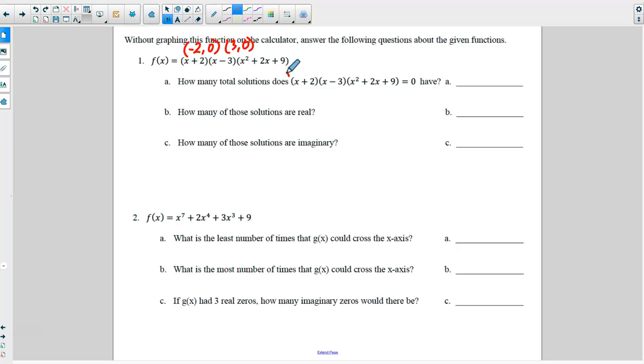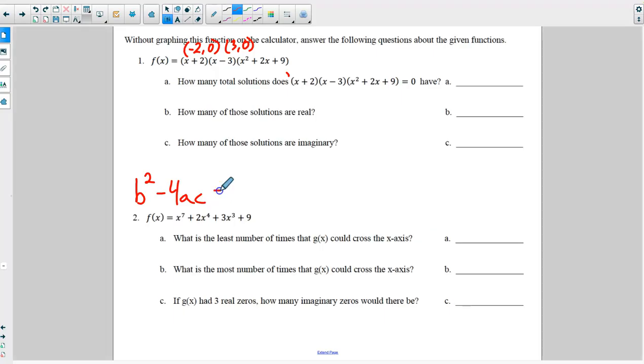Now I try to factor it. What multiplies to 9 but adds up to 2? There's nothing. Okay, nothing. But this is what I want you to do then. You got to check. So I'm going to go b squared minus 4ac. What is this? The discriminant.